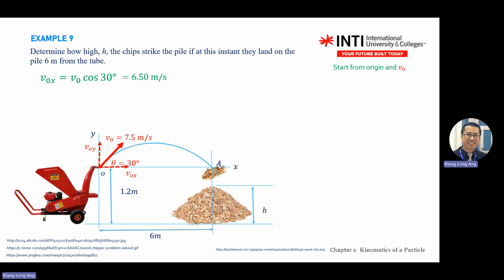Your first job is to break all the components you see in the question into x and y. There's a certain procedure. Every time you follow this procedure, you should be able to solve the question, right? So in the y direction, when you break this vector into y, again, trigonometry is a rectangle.